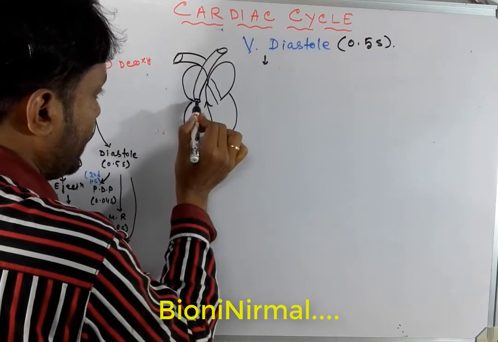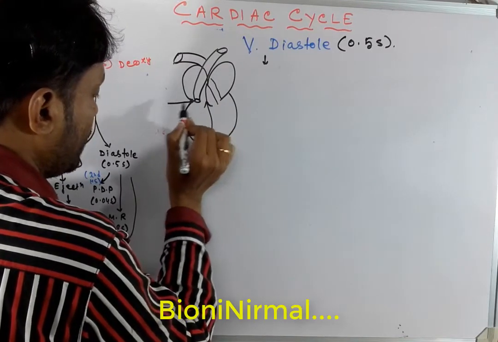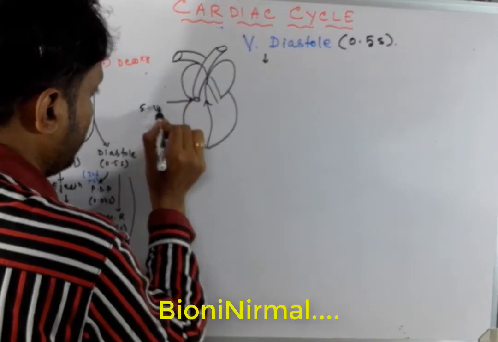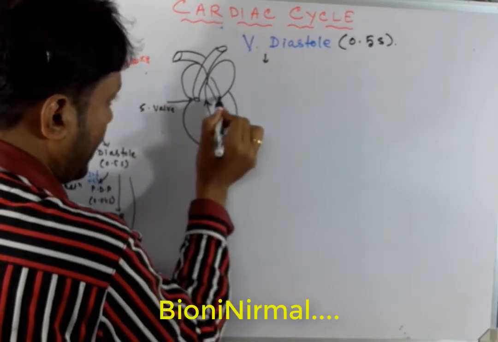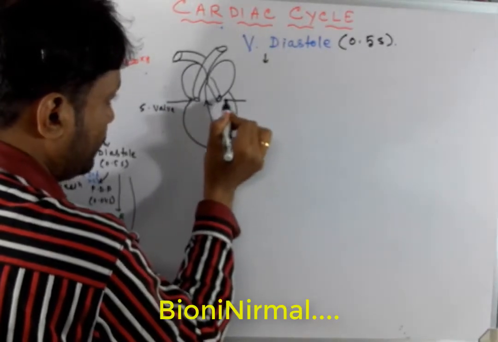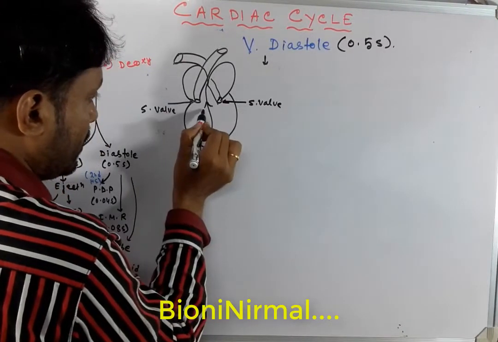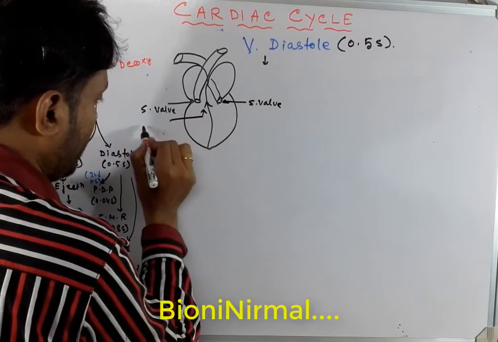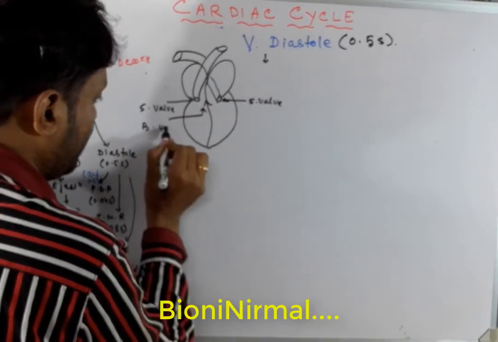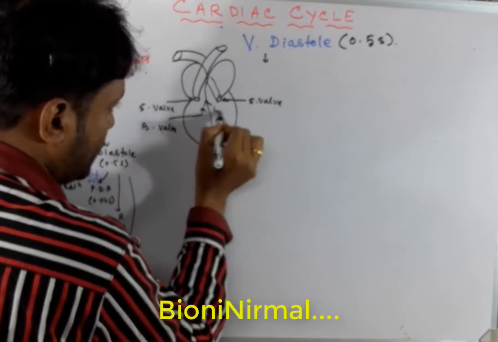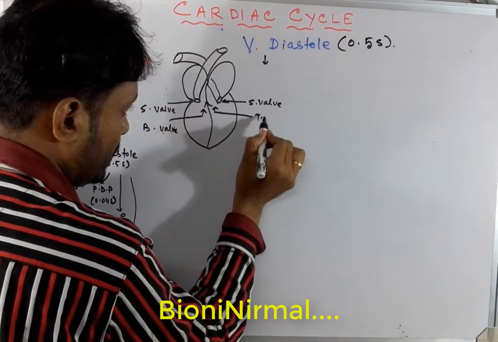Here are the semilunar valves, and here the bicuspid and tricuspid valves. So bicuspid valve, and here is tricuspid valve. Clear?